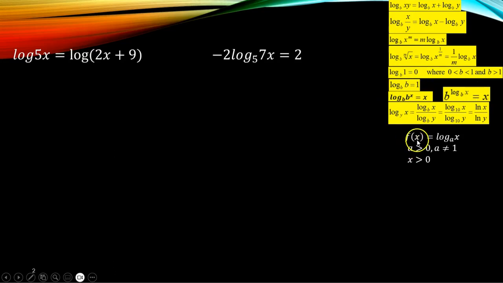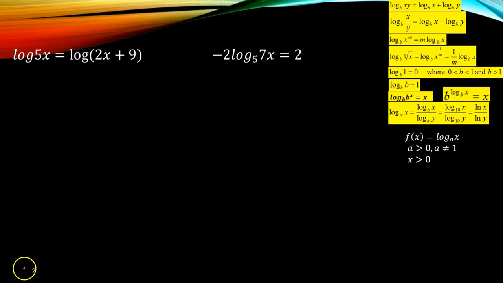And then below, for a function f of x is equal to logarithm of x base a, we know that a should be greater than 0 but not equal to 1, and that x, the argument, should always be greater than 0. So having all these in mind, let's try solving.